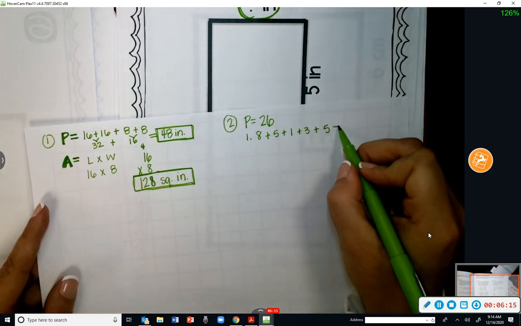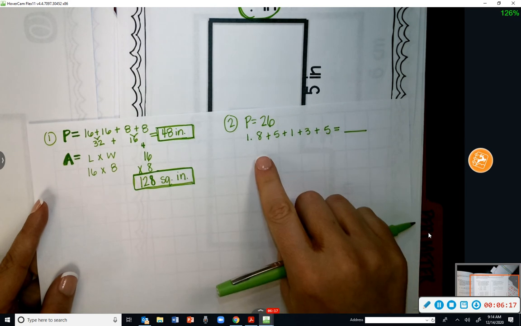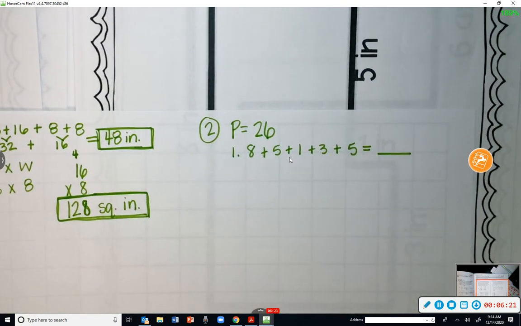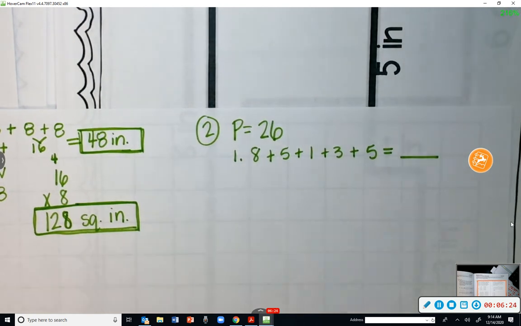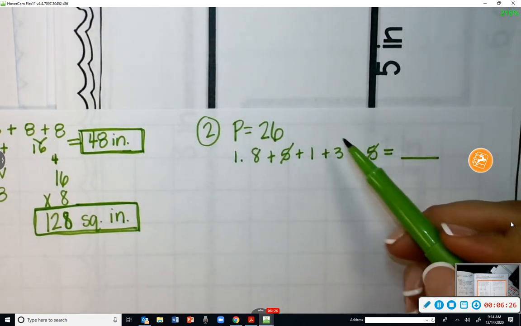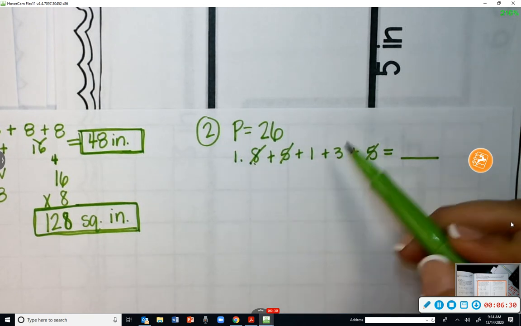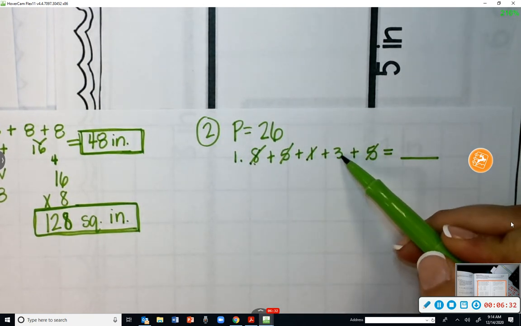So we add the sides we know, that's step 1. 5 plus 5, I'm going to add first because that gives me an easy number. What is it? 10. 10 plus 8 is 18.